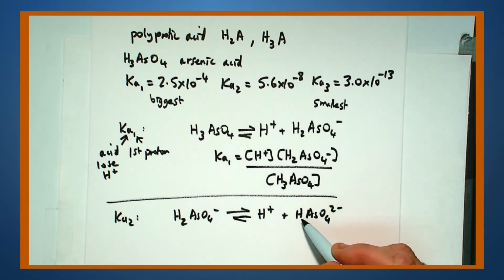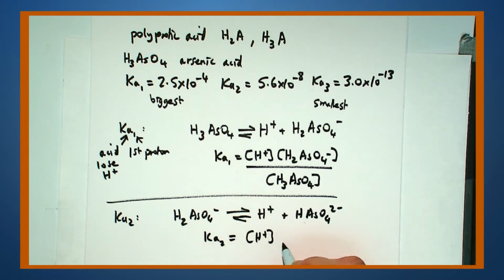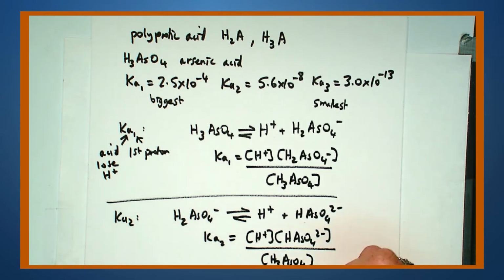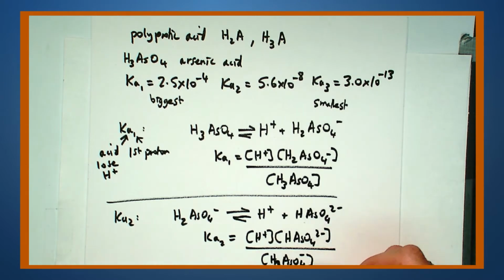This is called the hydrogen arsenate ion because you've only got 1 hydrogen now. Here's my Ka expression. Oops, H2AsO4 minus. See how easy it is to mess that up? You've got to be careful. Okay, so here's my second Ka2.